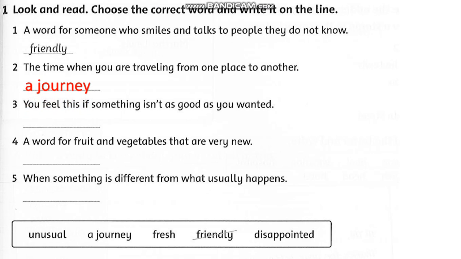Number 3. You feel this if something isn't as good as you wanted. Yeah, disappointed. Number 4. Yeah, you see the new. So fresh means new. Number 5. Unusual, when something is different from what usually happens.